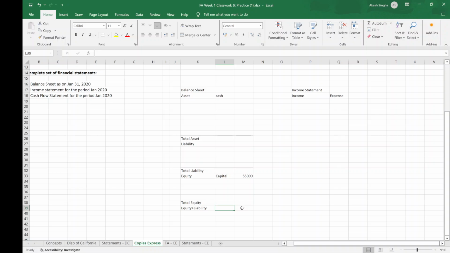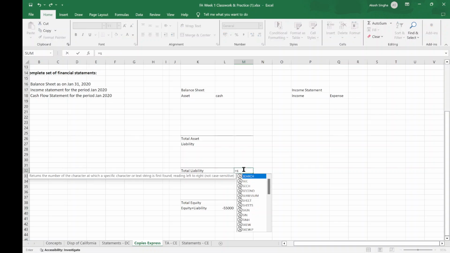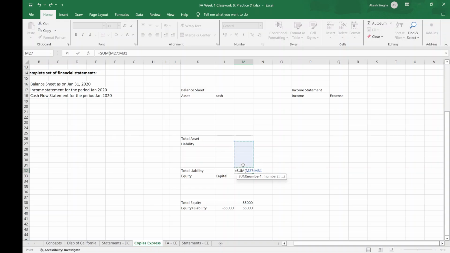So let's write a formula for total equity plus total liability, and the difference of this and total asset. Total asset minus equity plus liability should always be zero, and total equity is the sum of all of this. Total liability should be the sum of this.